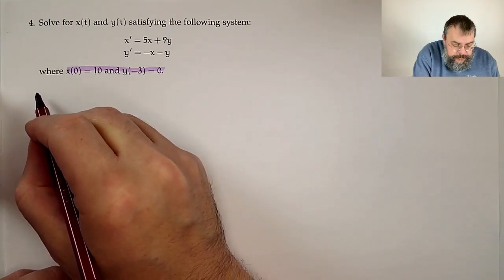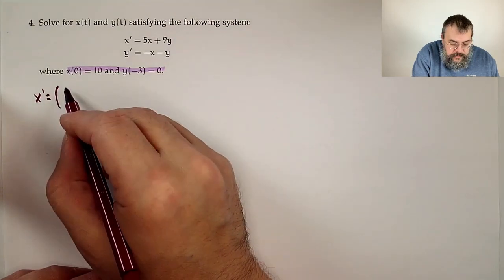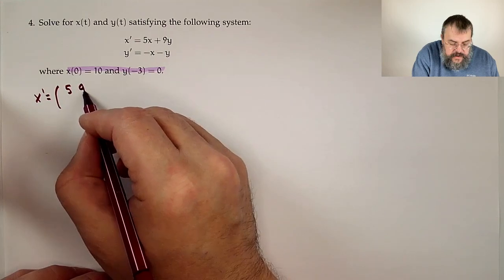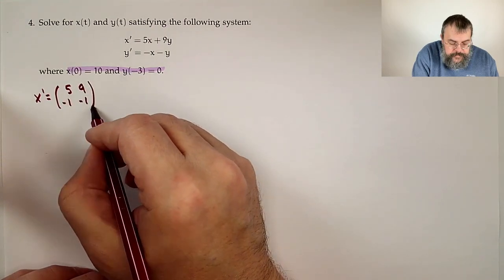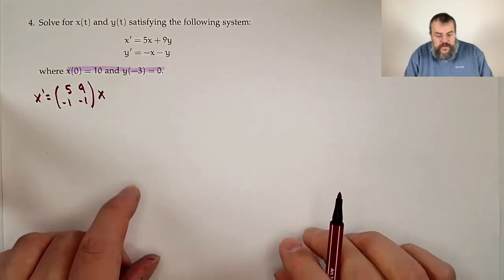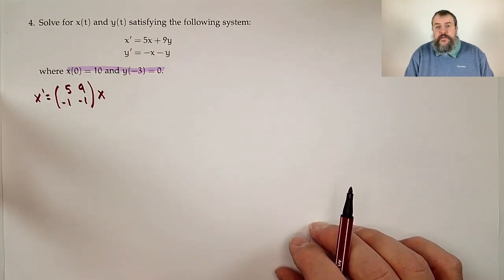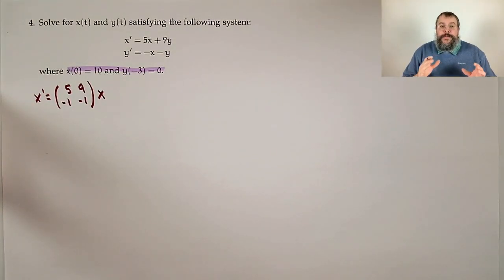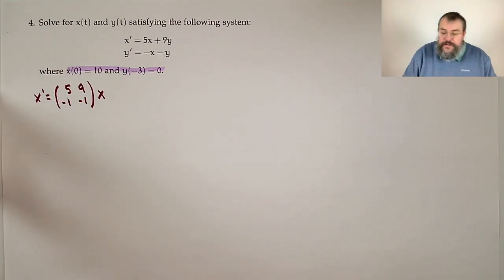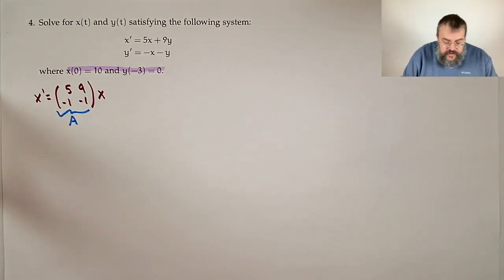That's the same as x prime equals the matrix 5, 9, minus 1, minus 1 times x. These numbers in this matrix come from the coefficients that we have there. This is our matrix A.